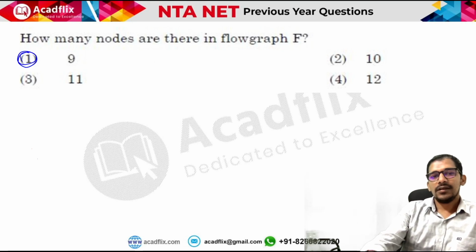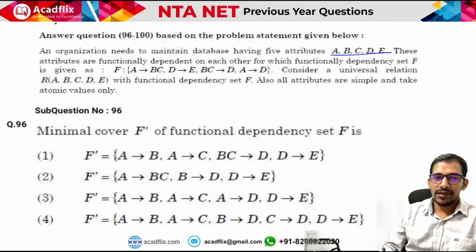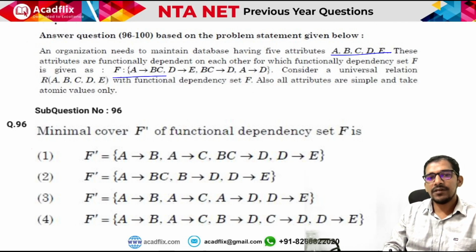Right? So the next 5 questions are on DBMS, and we are given a relation in which we have 5 attributes, that is A B C D E, and the set of functional dependencies given, which has 4 functional dependencies. The first question asks us to find the minimal cover F dash of the functional dependencies.